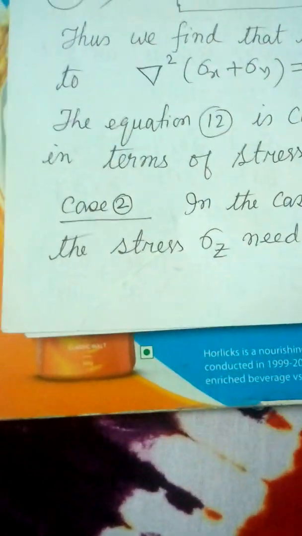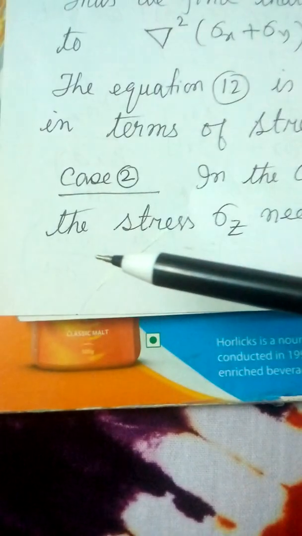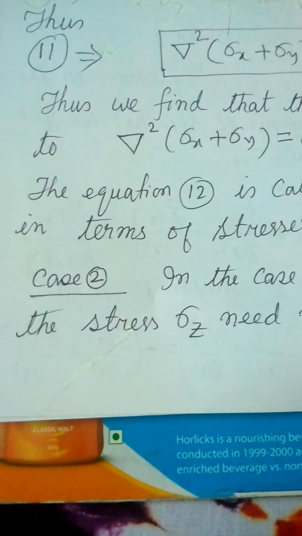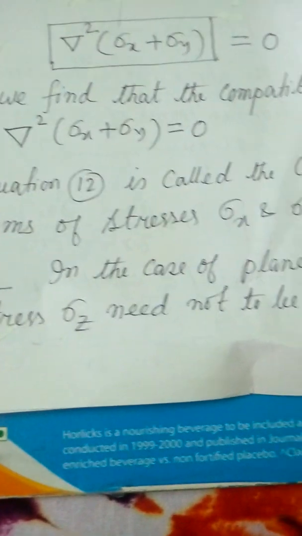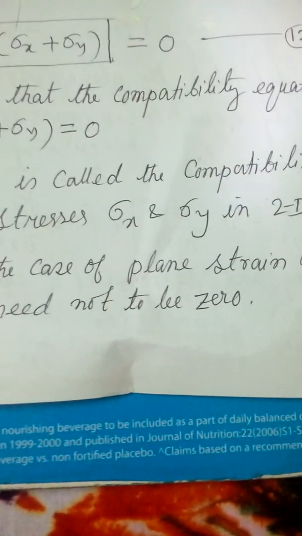Now then come to case 2. In the case of plane strain, where epsilon z is equal to 0, the stress sigma z need not be 0.